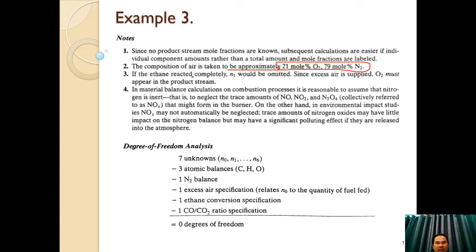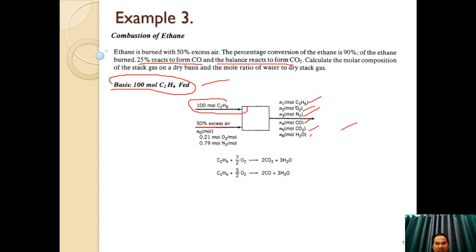If ethane reacts completely, there is no N1, because no ethane remains in the output. But we write N1 anyway, since you don't know whether the reaction is complete or not.